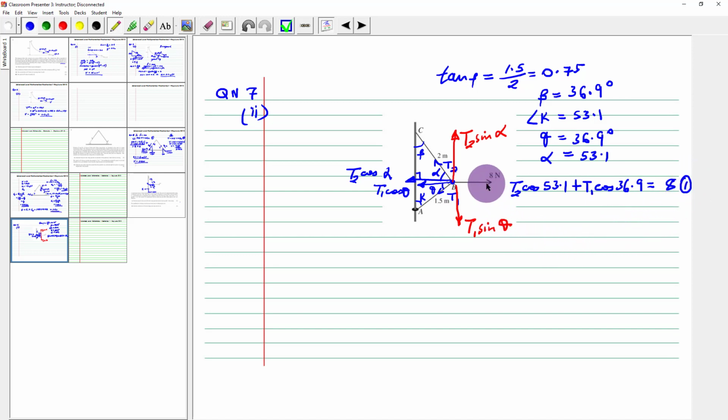The second expression will be obtained by equating this force to this force, because at this point the component of T2 vertically upwards must be equal to the component of T1 vertically downwards. Remember that point B is not a mass that has been put there, it's just a point. Let's confirm that from the question.